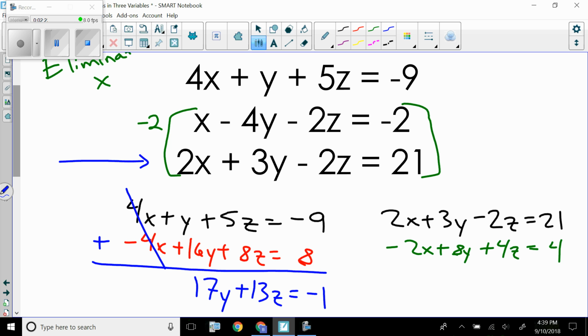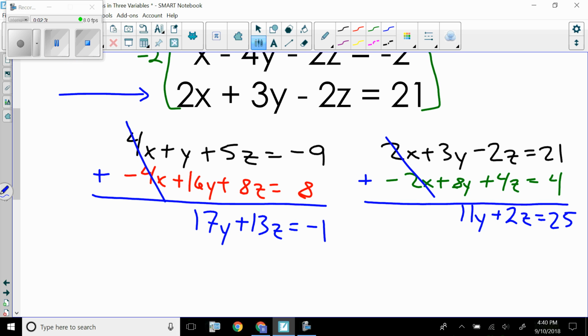And again, I'm allowed to just add these. I'll get rid of those x's. I'll get 11y plus 2z equals 25. All right, that's not too bad.